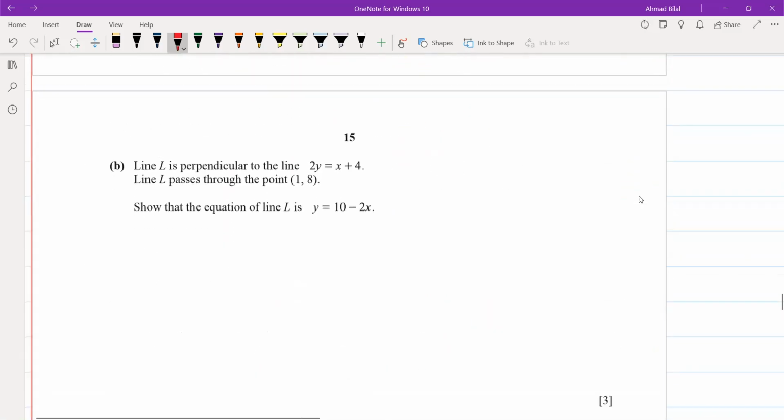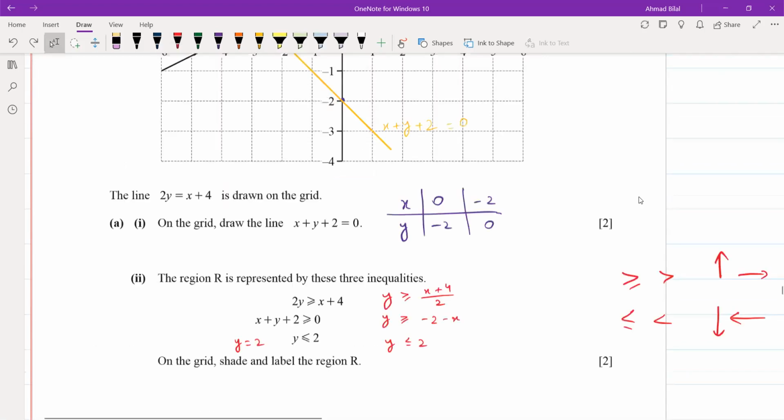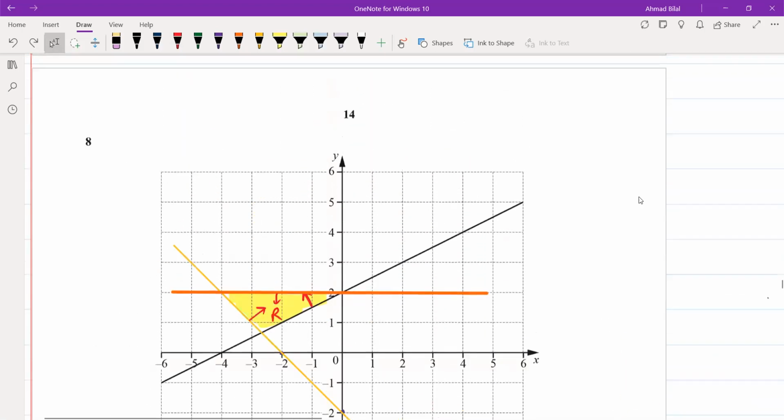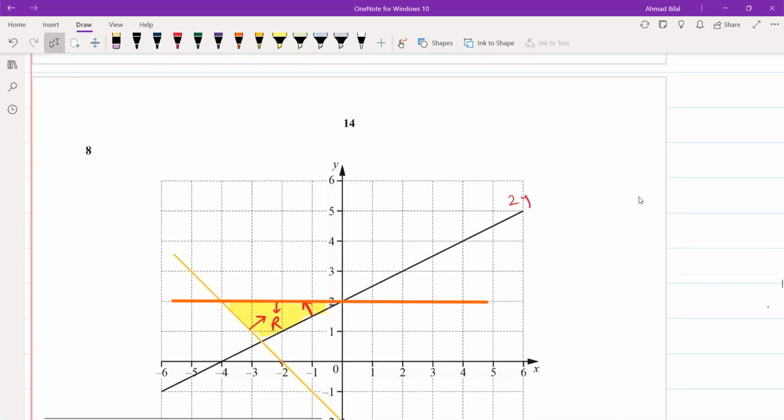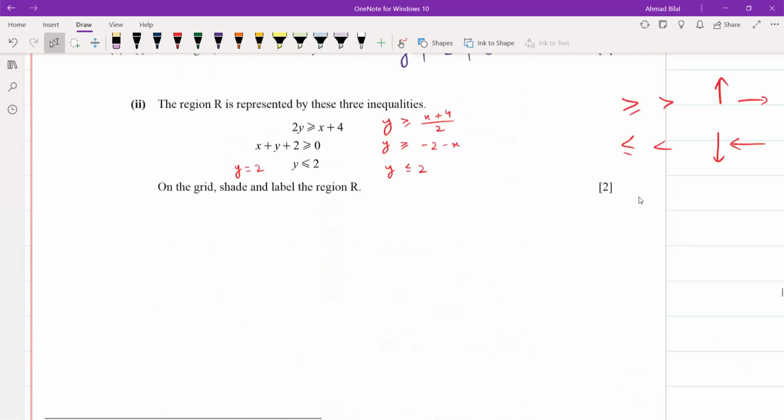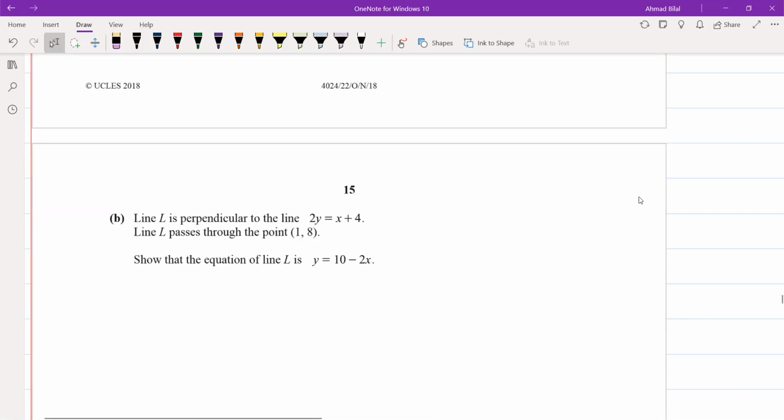So then it says there's a line L that is perpendicular to 2y equals x plus 4. There's a line that's perpendicular to this line, 2y equals x plus 4. ये जो original line बनी हुई थी, उसके perpendicular है. So this line L is perpendicular to that line and it passes through the point (1, 8).